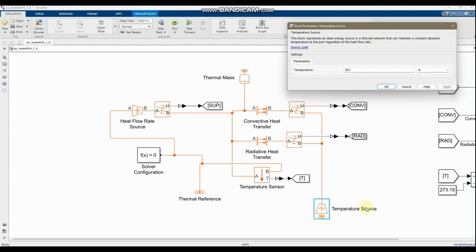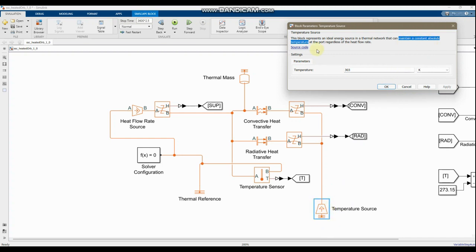So a temperature source block would act like an ideal energy source which would maintain a constant temperature. And maintaining that constant absolute temperature at a certain point is what it does. If it's used as a source, it would provide energy, and if it's used as a sink, it will absorb energy. Right. So this is kind of a passive source block.